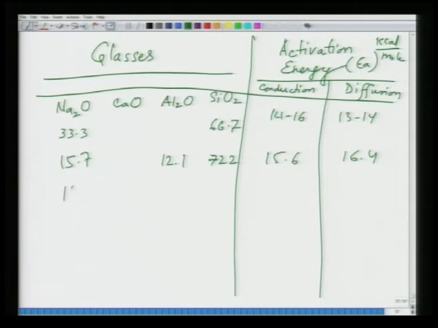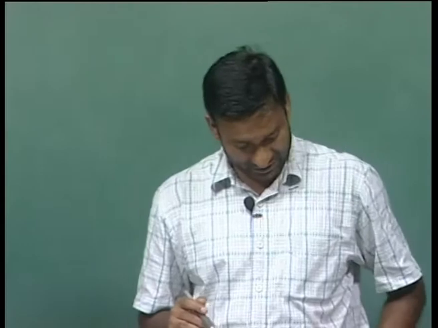And if you write one more, for example, 14.5, 12.3, 5.8 and 67.4, this gives you 19.5 and 20.2. So you can see that the values of activation energies, whether you measure from diffusion data or conduction data, are similar, which actually validates the model, that the models are correct.